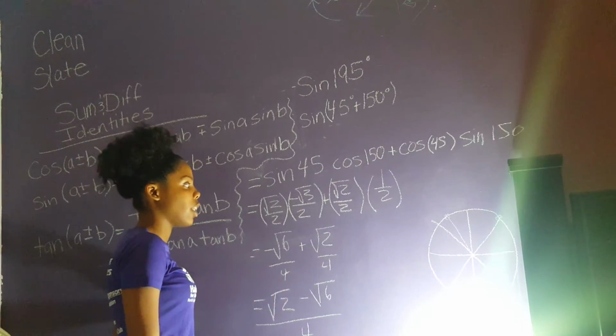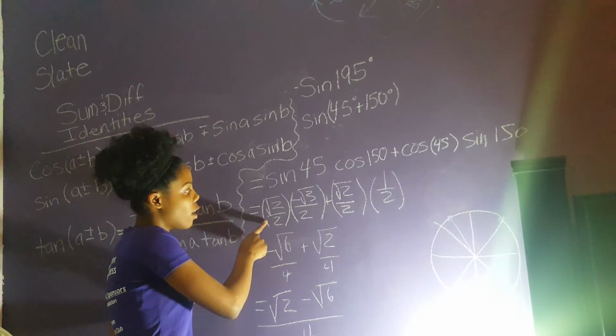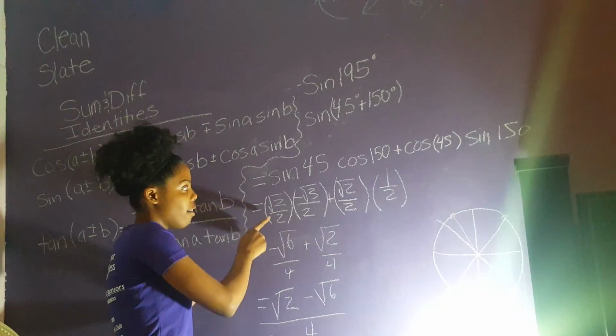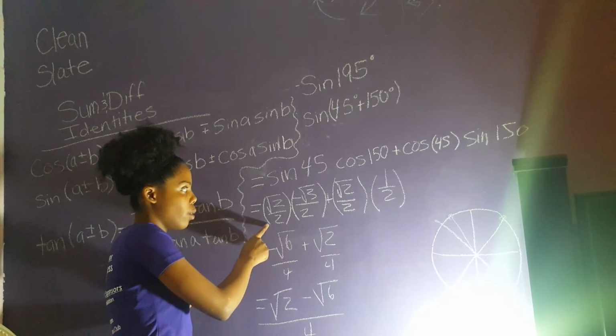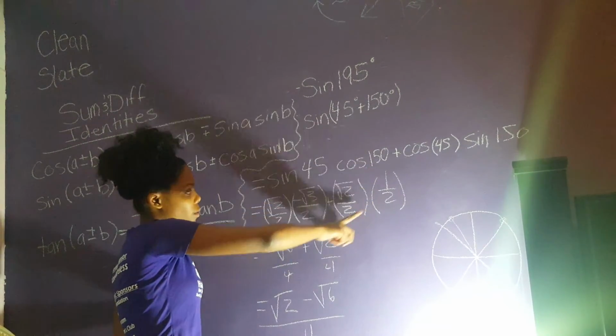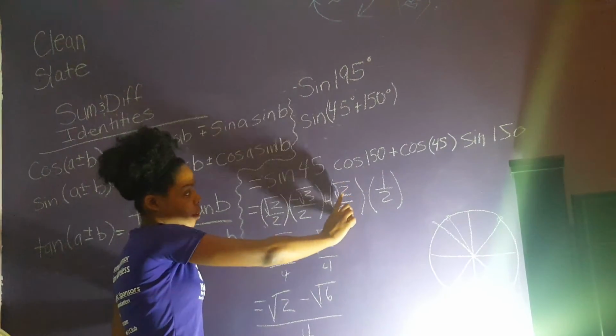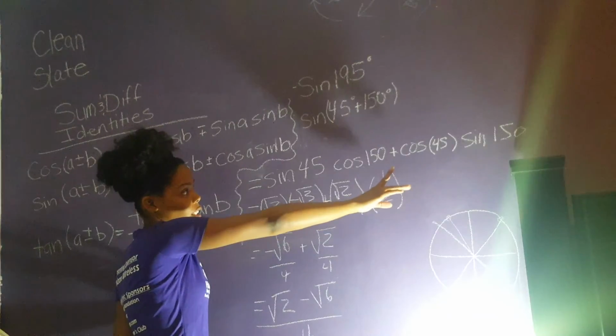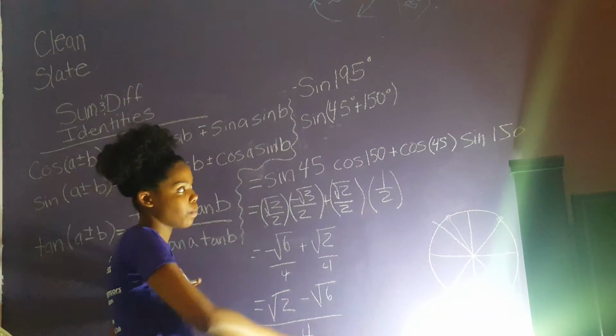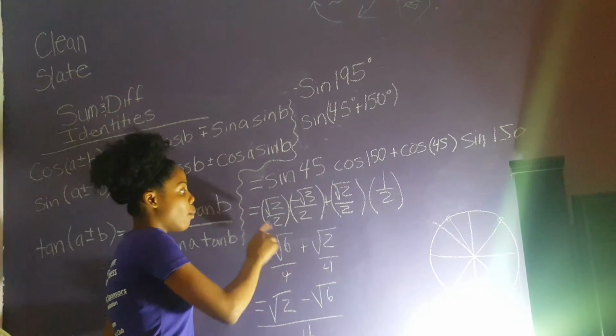So after that, you want to exchange your values. Sine of 45 is square root of 2 over 2, and cosine of 150 is negative square root of 3 over 2. Cosine of 45 is square root of 2 over 2, and sine of 150 is 1 over 2. So you want to multiply all those.